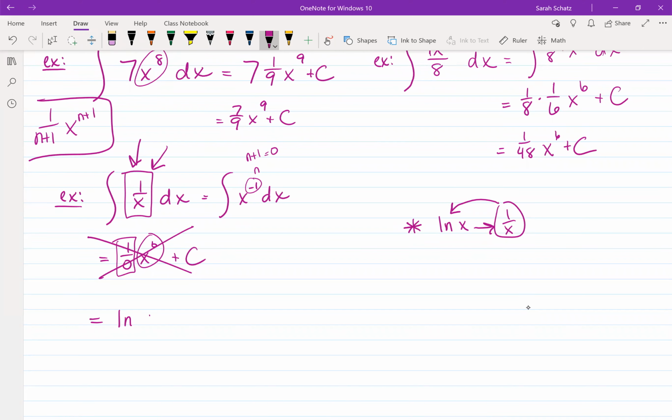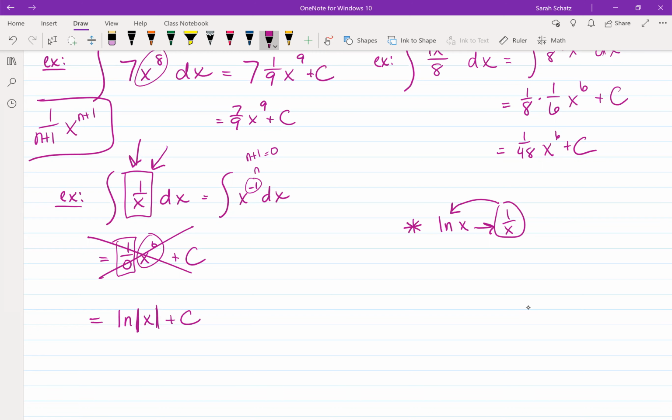Well, it had to come from the natural log. And it is that simple, but with a little bit of complication, of course, because why would there not be? When you're taking the antiderivative and your answer is natural log, whatever is in the natural log has to be put in absolute values.